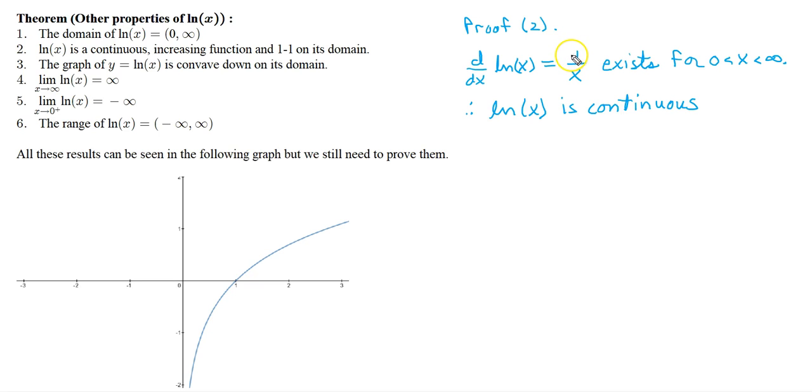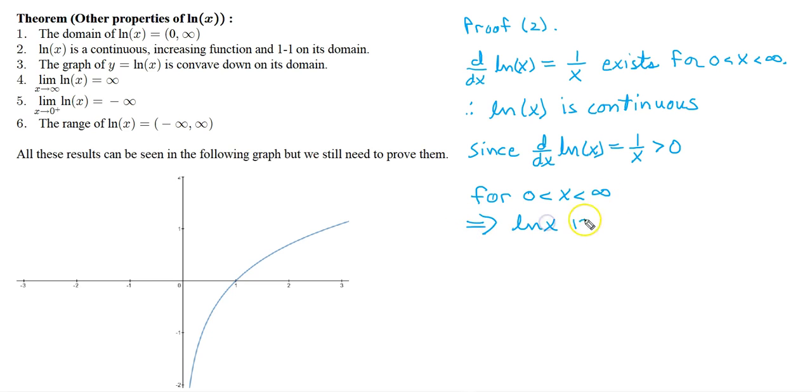And that's also by results from Calculus 1. So since the derivative is positive for x between 0 and infinity, that implies that the natural logarithm is an increasing function.